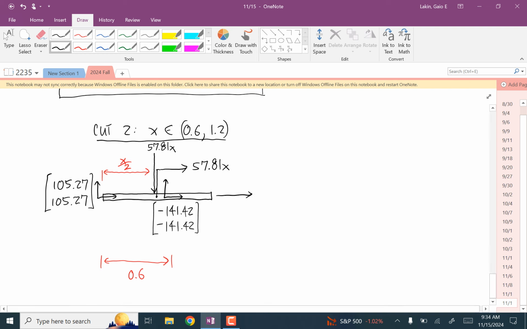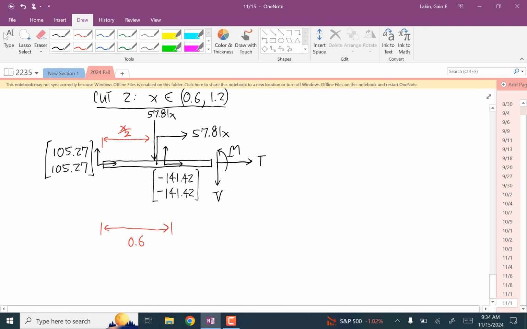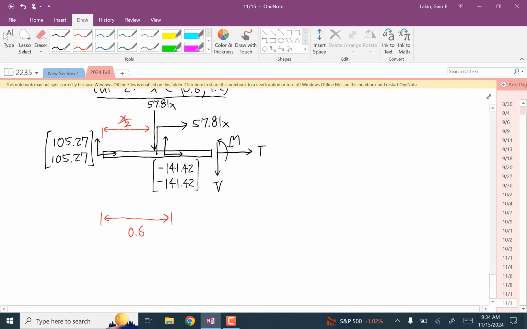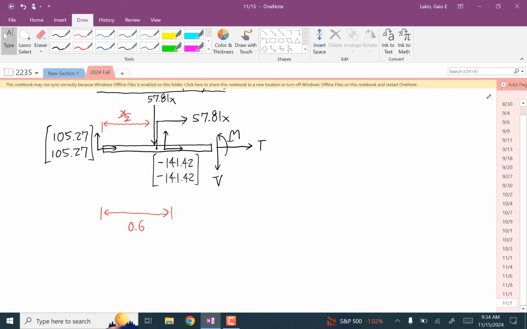And then T, V, M. Okay, so Newton's second law.